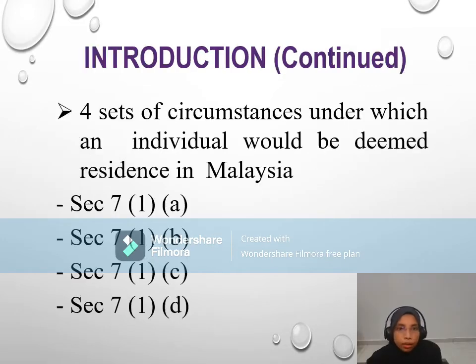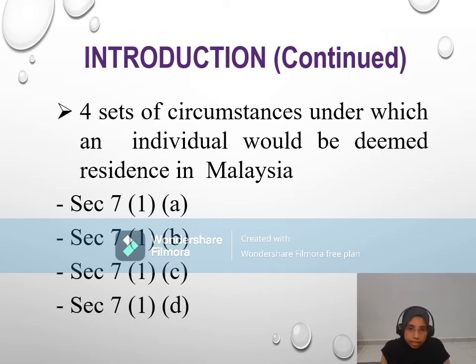Okay. The 4 sets of circumstances under which an individual would be deemed resident in Malaysia are section 7(1)(a) until section 7(1)(d), Income Tax Act 1967.